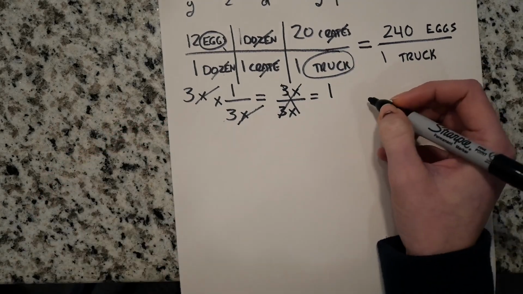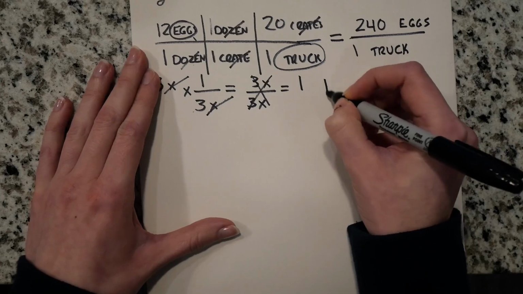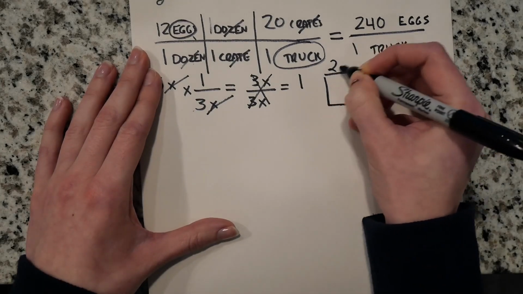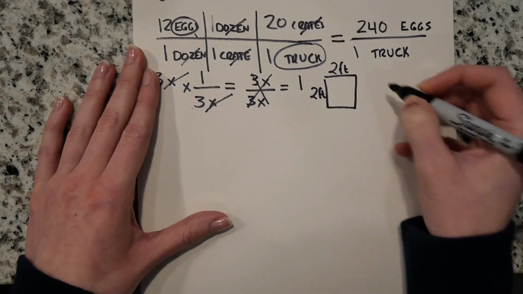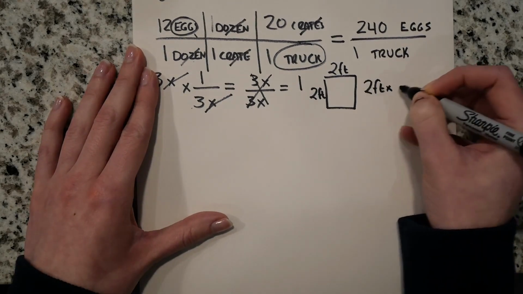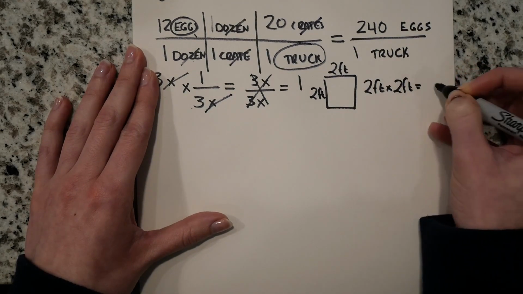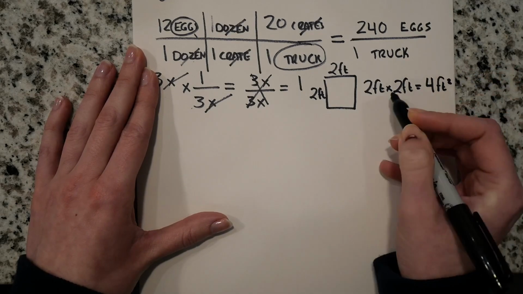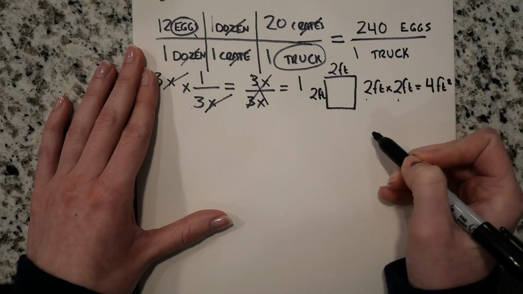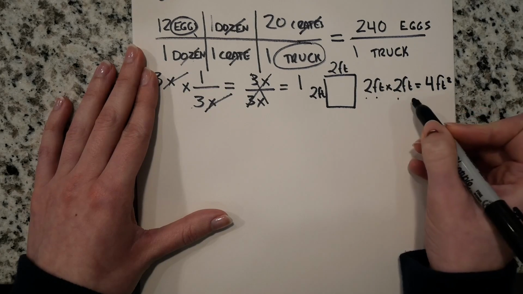Another way to think of this is geometry. If we've got a square, and we've got 2 feet by 2 feet, to find the area, we multiply 2 feet by 2 feet, right? And our answer is 4, but our units are feet squared because we've not only multiplied 2 by 2, we've also multiplied feet by feet.